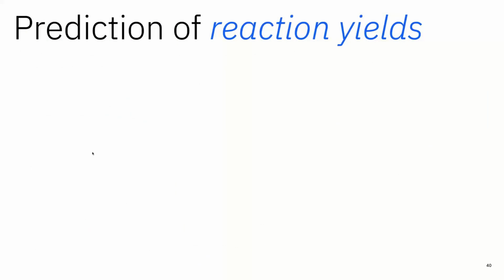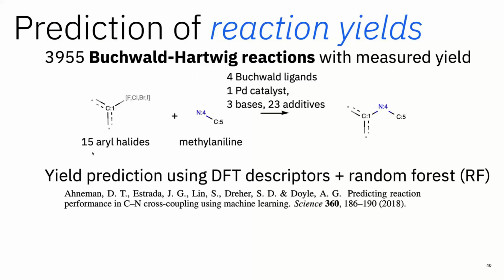Another downstream application that I will show you today is the prediction of reaction yields, more specifically of high-throughput experimentation reactions. This particular paper here by the Doyle group predicted the yields of Buchwald-Hartwig reactions.